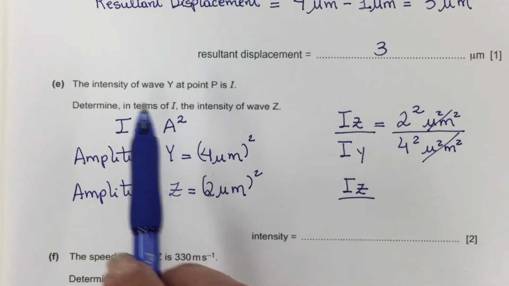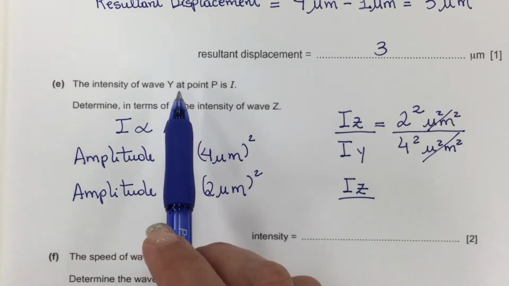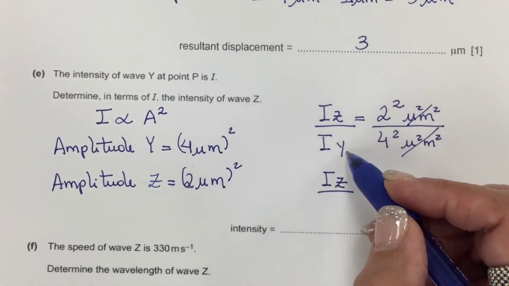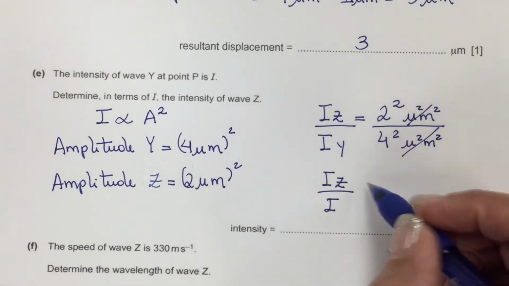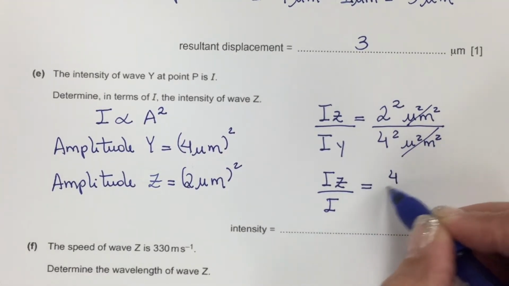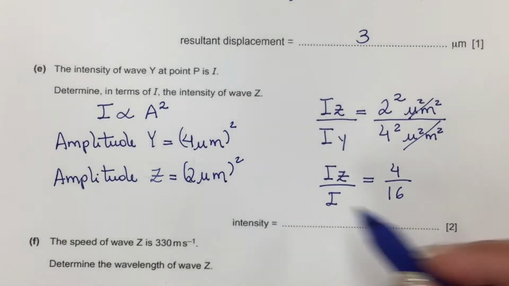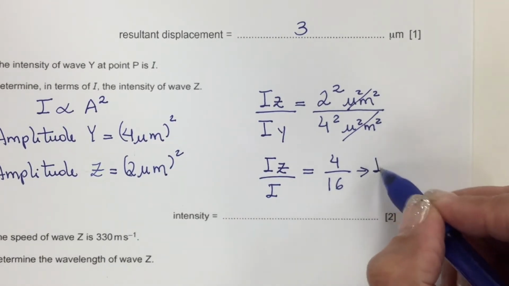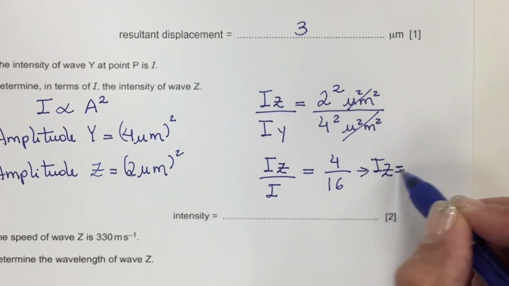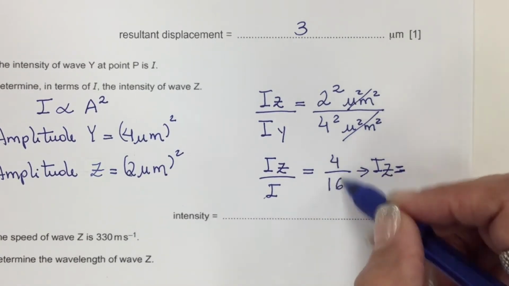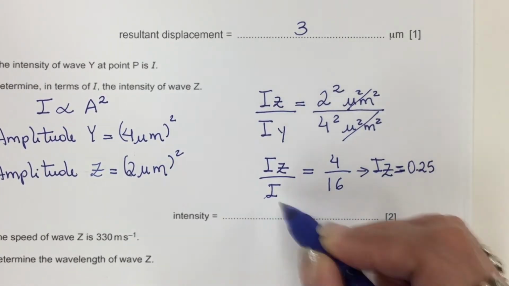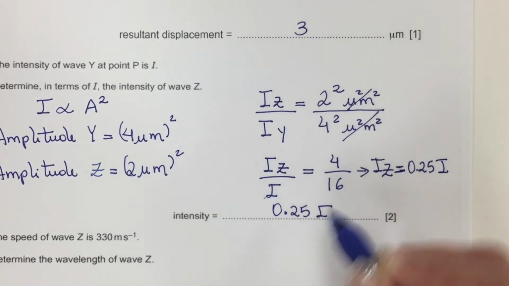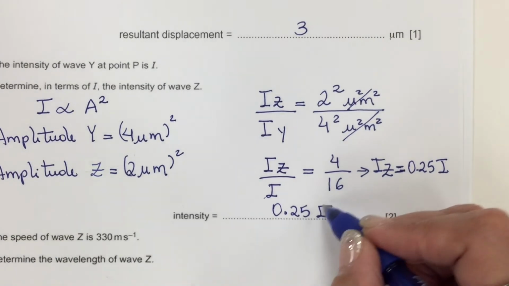It says the intensity of wave Y is just I. So let's replace I sub Y with just I. Now we have 4 over 16. So now we can calculate this in terms of I. This is 0.25 I. So that's the answer. In terms of I, the intensity of Z is 0.25 I.